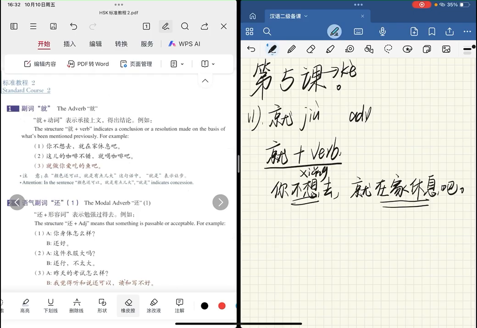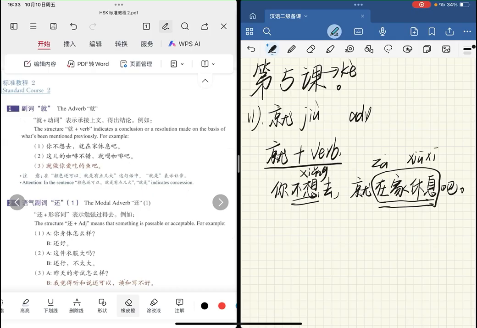So the first clause 你不想去 is a situation, right? So based on that, we decide 在家休息, stay home and rest.